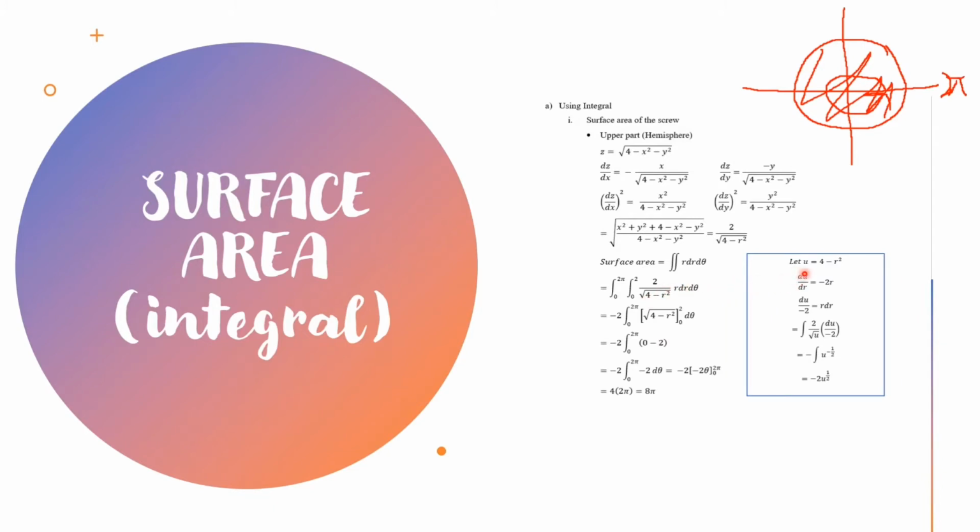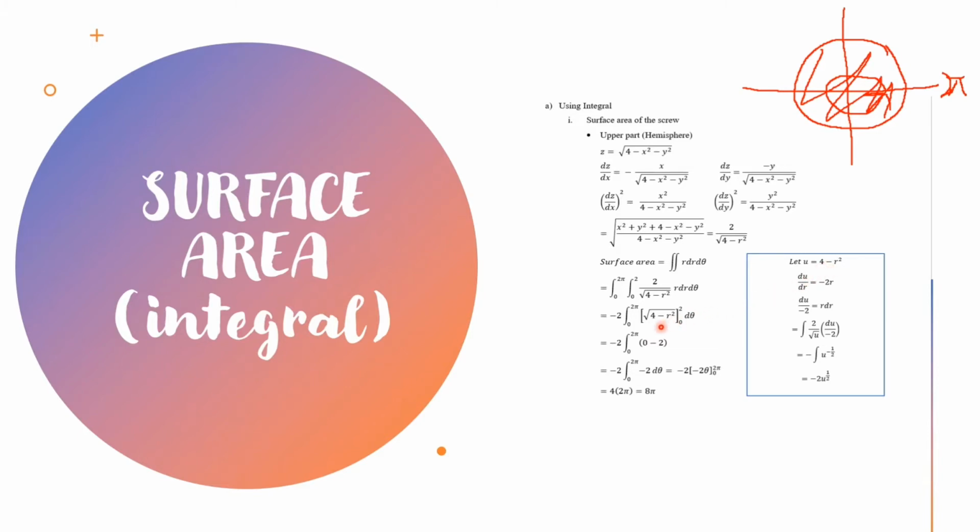I let u equal 4 minus r squared, and then differentiate in terms of r, get minus 2r, and we arrange it to this equation. And then we got negative 2u to the power of 1 over 2. Then we substitute back u equals 4 minus r squared.